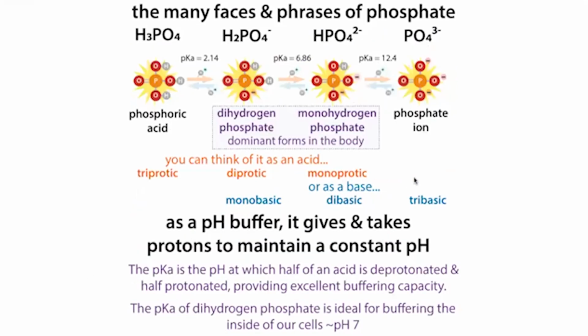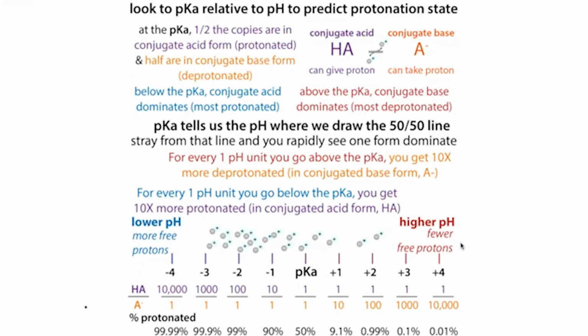But now what's going to happen if we consider something that is going to be a stronger acid? If we consider phosphoric acid, which has a pKa of 2.14. So now at a pH of about 7, we're going to have way fewer protons than we'd need to be half protonated. If you were to imagine you have +5, well, now you're going to have 100,000 over here, and 0.001% is going to be in the acid form.